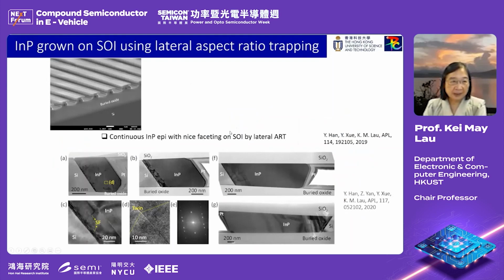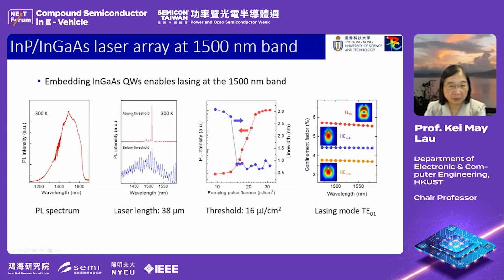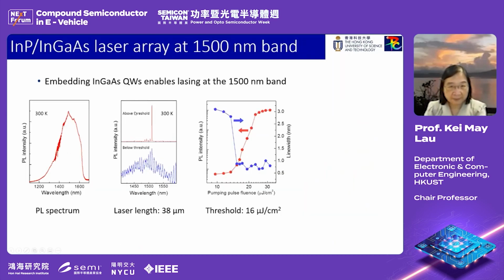Later on, we found that we really want to increase the size of this lateral ART concept so that we can get a larger area of indium phosphide on the SOI to work with.